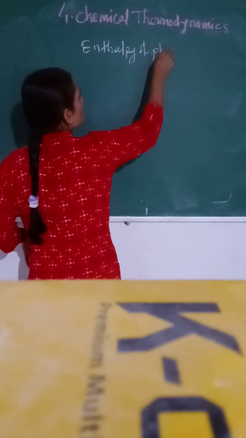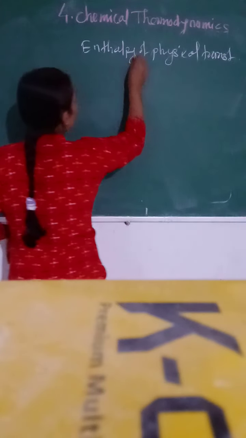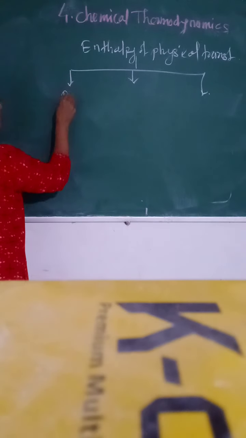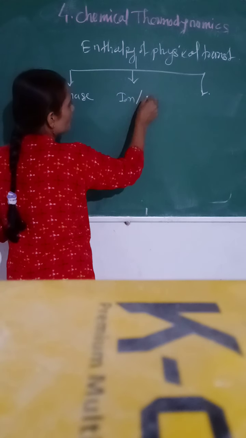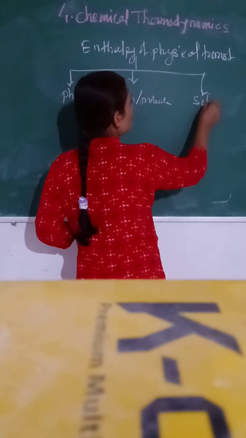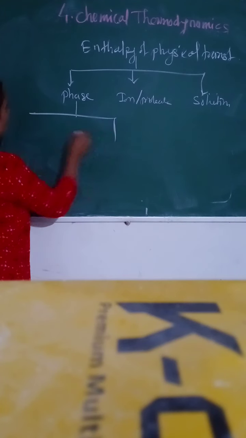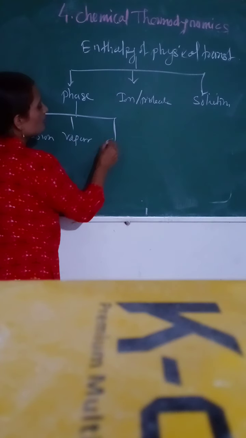They have classified it in three ways. First is the phase transition, second is ionization and molecular changes, and third is the solution. In phase transition there are again three types: fusion, vaporization and sublimation.